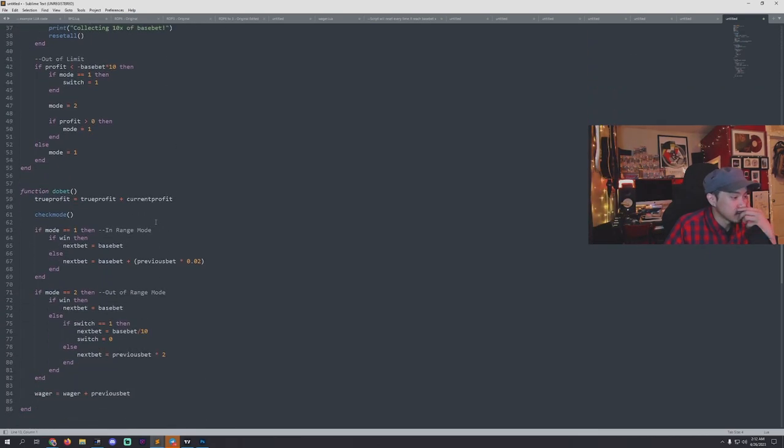Let's see what's going on here. If win, next bet is base bet, else next bet is base bet plus previous bet times 0.02. I think it might be base bet plus the base bet times 2%.